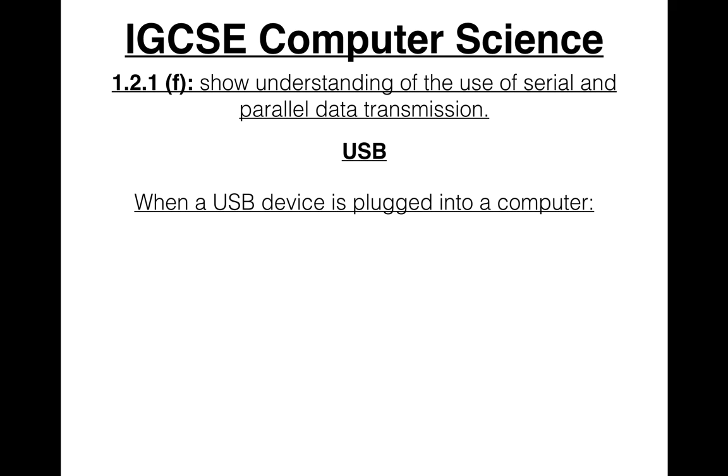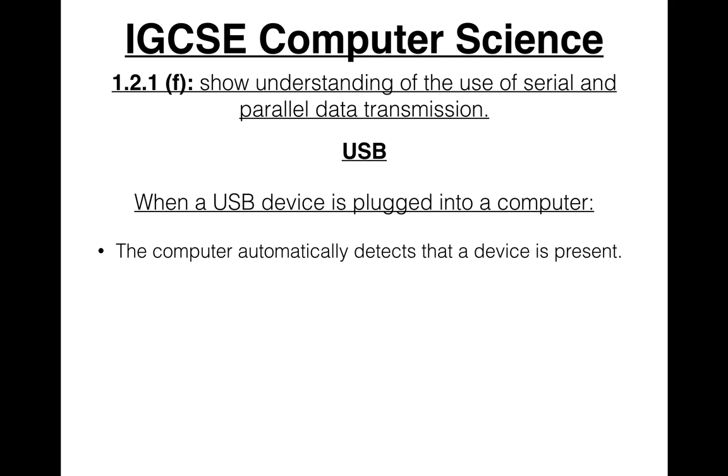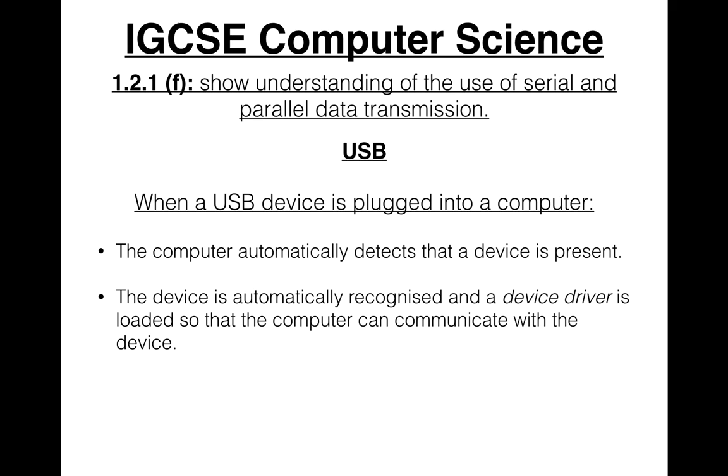When a USB device is plugged into a computer, such as a thumb drive, the computer will automatically detect that a device is present. The device is automatically recognized, and a device driver is loaded so that the computer can communicate with the device. It's sort of like what we were talking about with MIDI devices.